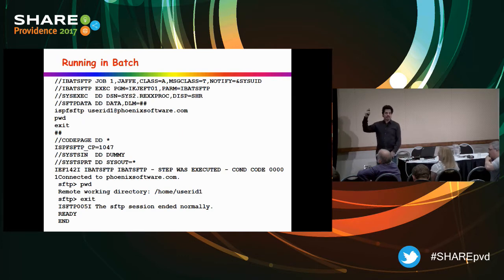Then you can run the thing in batch. So here's a batch job. The one thing you have to do, if you're not running under ISPF, is provide a code page. Tell it what code page you're working with. If you are under ISPF, it looks at the ZTERMCP variable, if you're familiar with that, so it knows what code page you have, and then it converts everything using iconv over to ISO 8859-1.